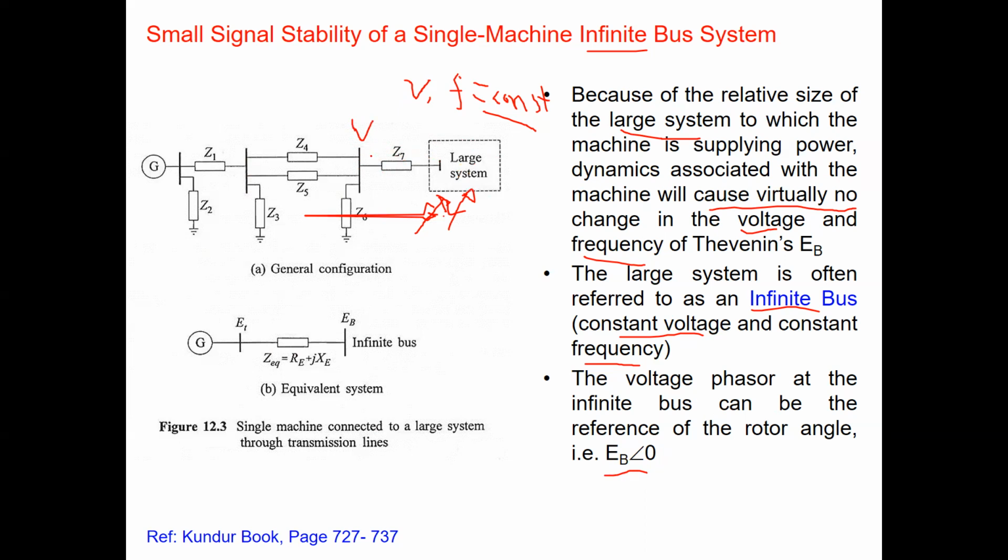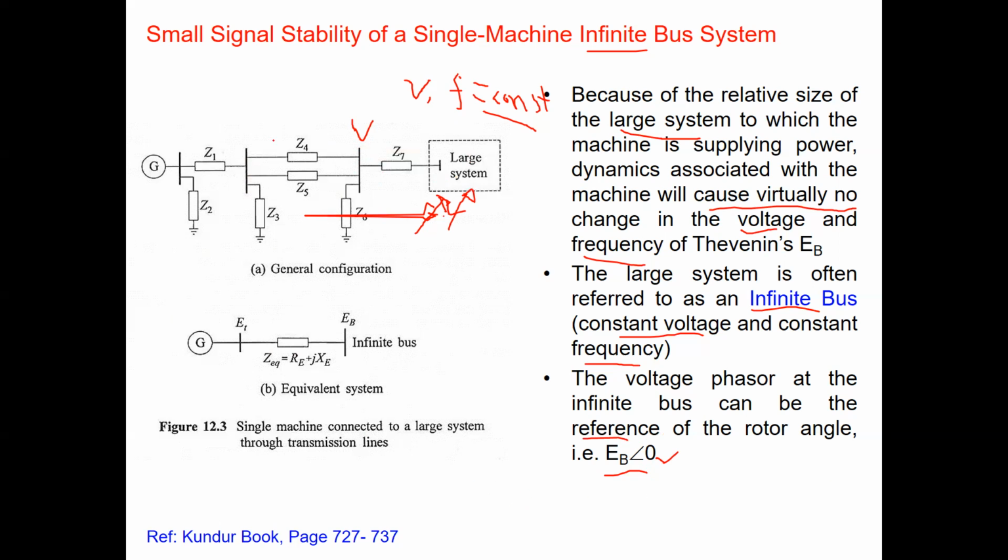So normally for an infinite bus system, the bus voltage will always be this one, which we refer to here as a reference quantity.